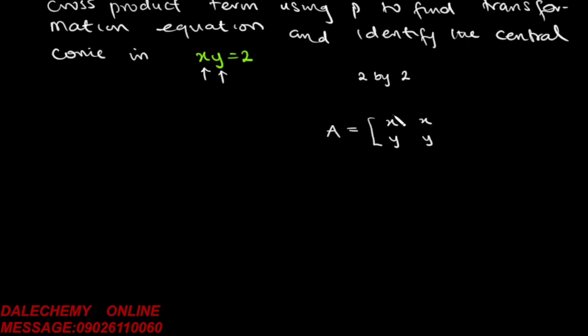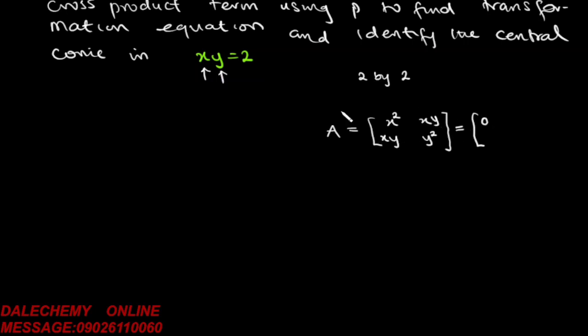So we multiply by x, we have x squared, by y xy, by x xy, by y squared. So this is the matrix we are going to form, and the coefficient of x squared in this equation is 0 because we have no x squared term there. So that will be 0.